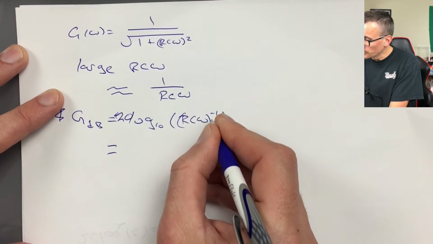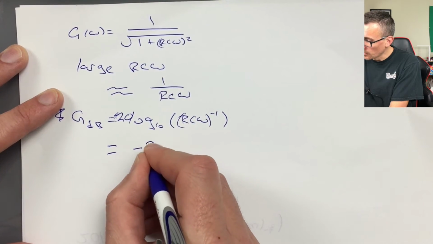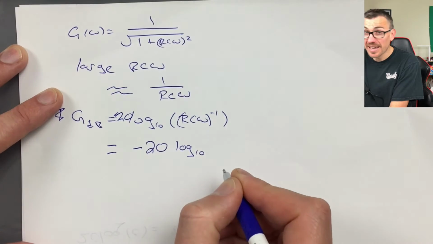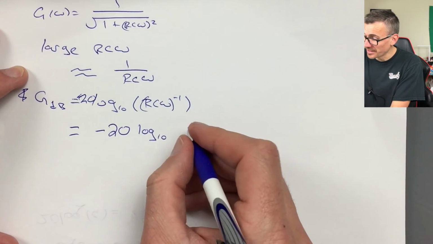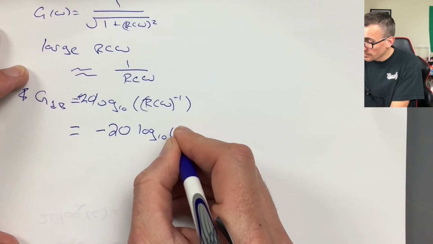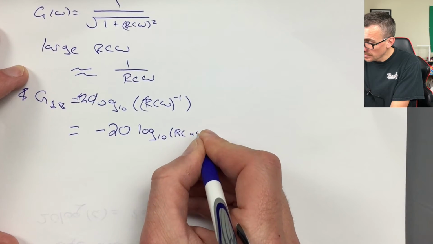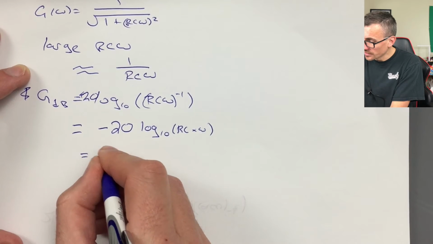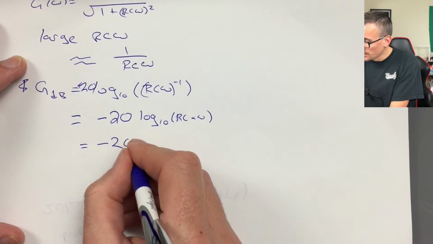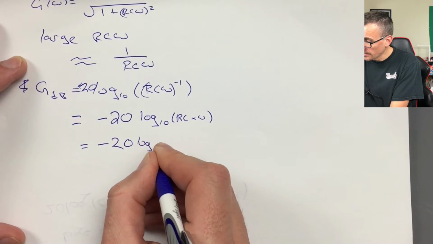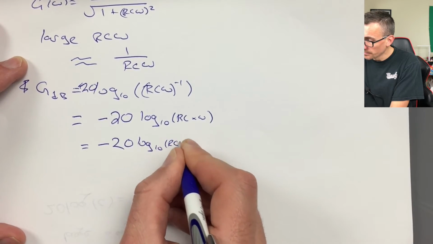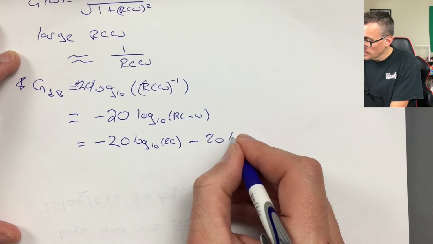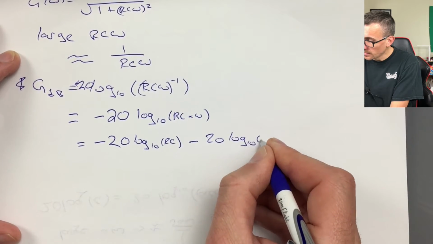And that's equal to, we can just pull out the minus 1 due to the laws of logarithms, minus 20 times log base 10 of R times C times omega. We can further use laws of logs. It's a mouthful: 20 log 10 of RC, minus 20 log 10 of omega.